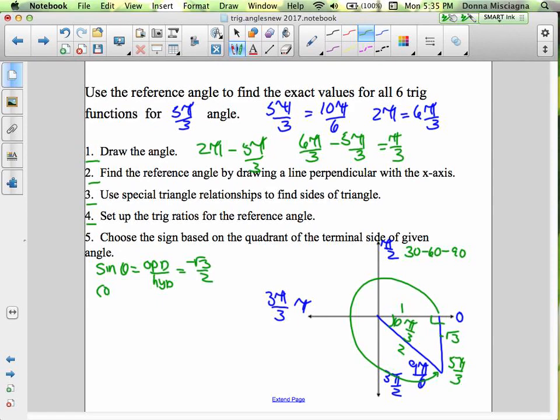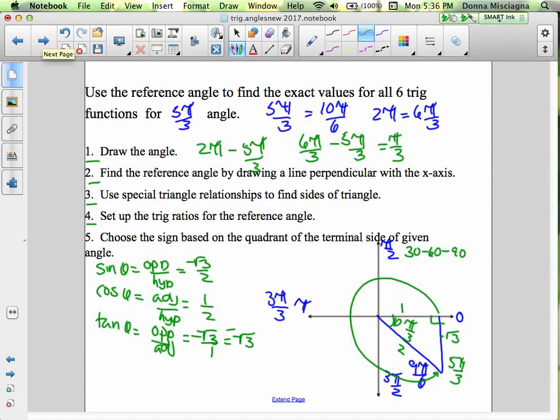Cosine theta is adjacent over hypotenuse, and that's going to be 1/2. That one's positive. We have tangent theta, which is opposite over adjacent, and that's going to be negative square root of 3 over 1, so that's just negative square root of 3.